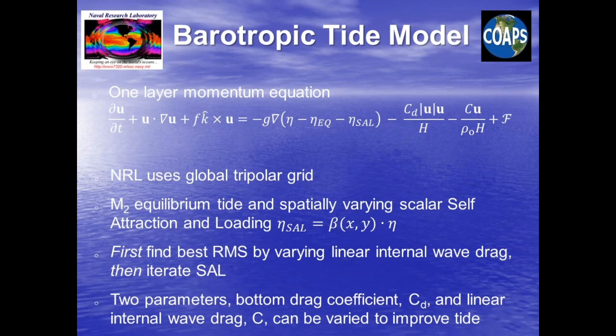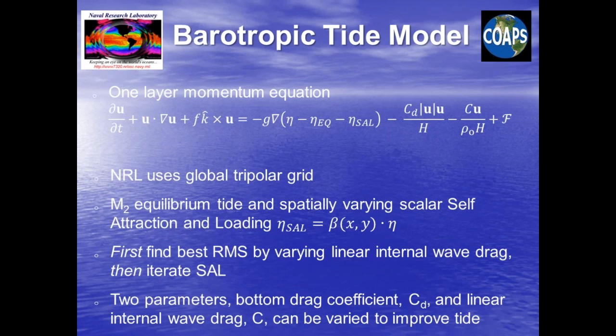And you solve this solution, and then you get a better solution by either tuning it, varying the wave drag or bottom drag coefficients, and then you also can go back and iterate, as it's called. You can say, well, this scalar approximation isn't really a very good approximation, but I have to know what the height field looks like to actually figure out what the self-attraction and loading is.